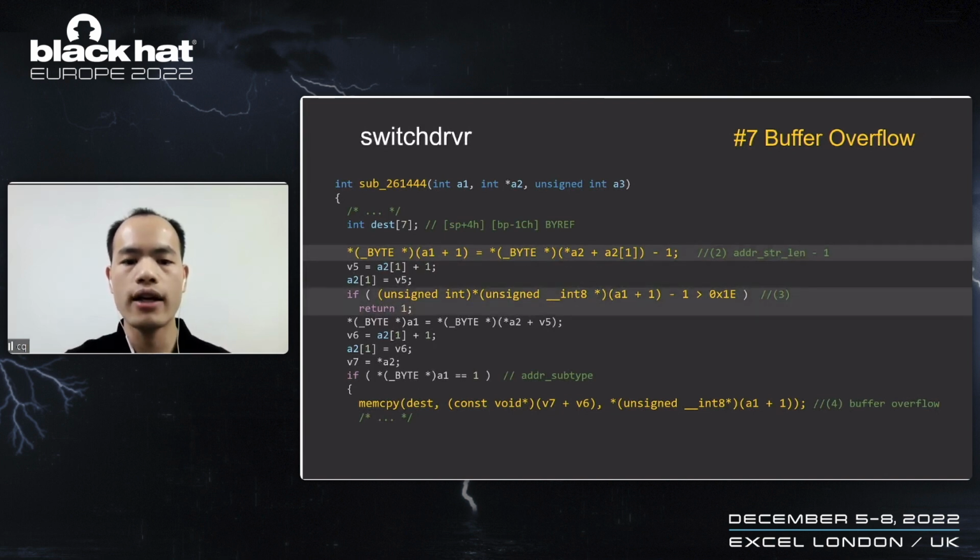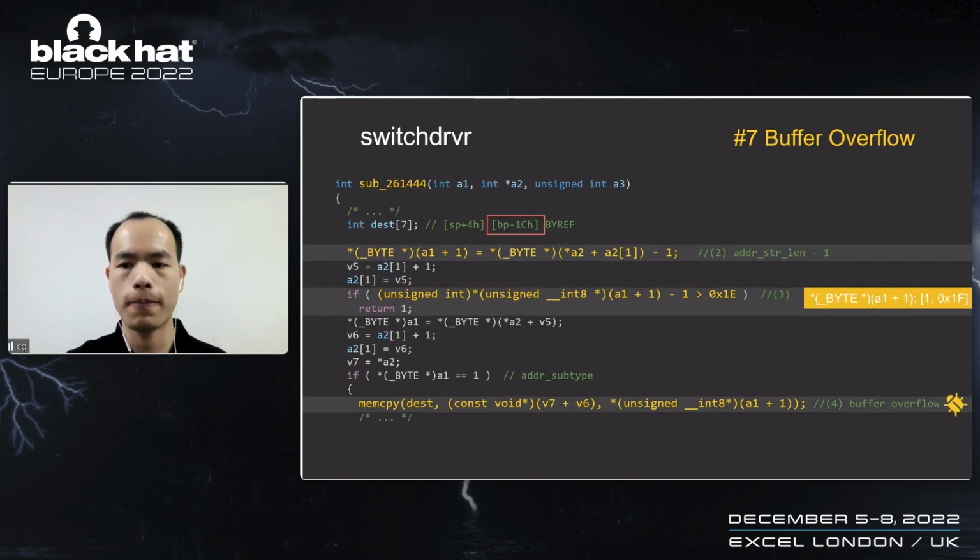If it is satisfied, in normal cases, memory copy will be called at 4. What's interesting is that the maximum size can be 1F, while the maximum size of this buffer is only 1C. It's possible to cause buffer overflow when calling memory copy.